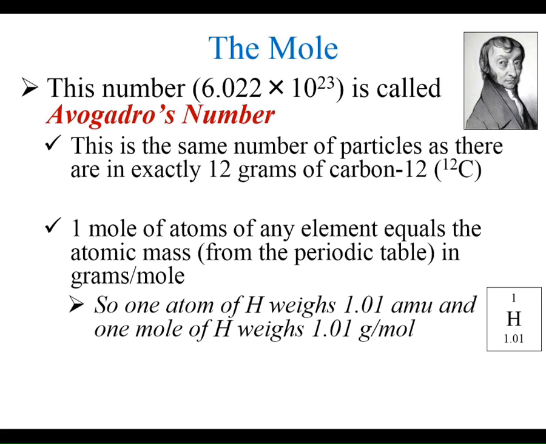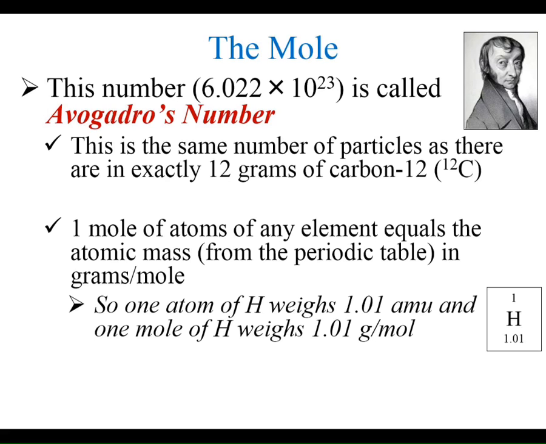For example, find oxygen on your table. A single oxygen weighs 16.00 AMU, but a mole, or 6.022 times 10 to the 23rd oxygens, weighs 16.00 grams. Are you with me? That number works for individual atoms in AMUs, or for a mole of them in grams.